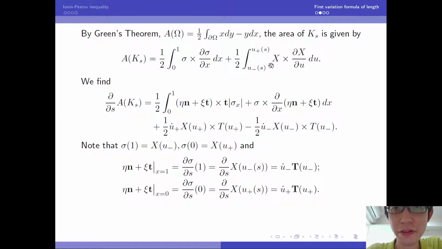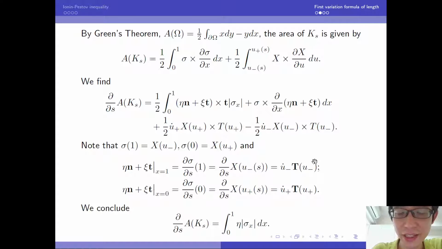So by the fundamental theorem of calculus, we differentiate the upper and lower limits to get these two terms. And we know that the endpoint of sigma is on the boundary. Okay, so we have this relation, and the variation field then has this relation with the tangent vector. Okay, if you want to keep your endpoints on the boundary, then the variation must be tangent to the boundary.